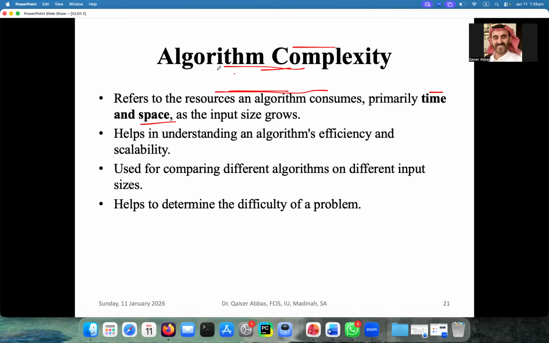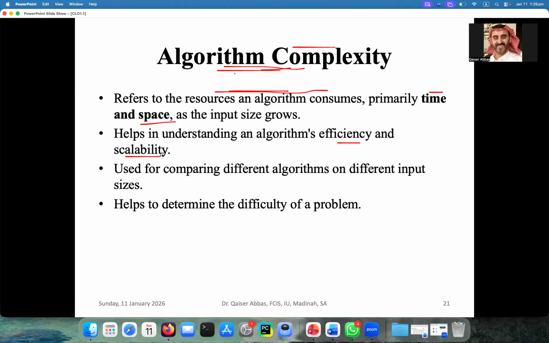What are the other benefits of algorithm complexity? It helps in understanding the algorithm's efficiency and scalability. Efficiency is running time.